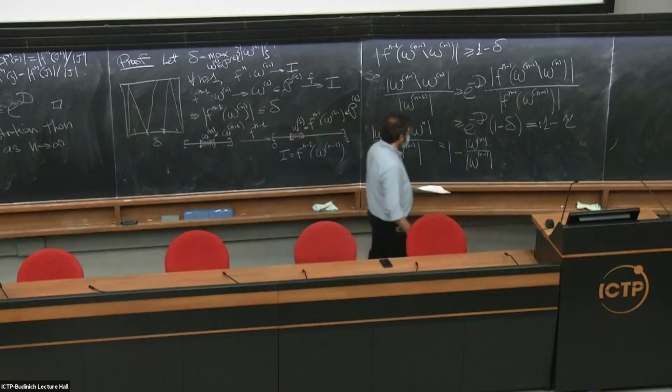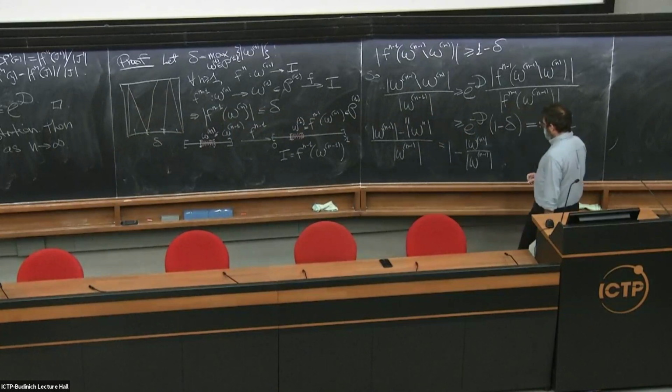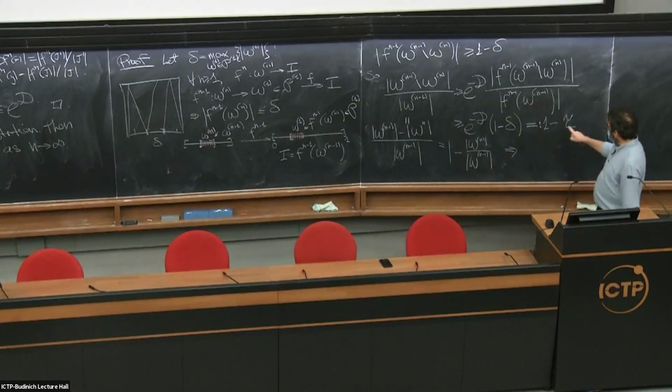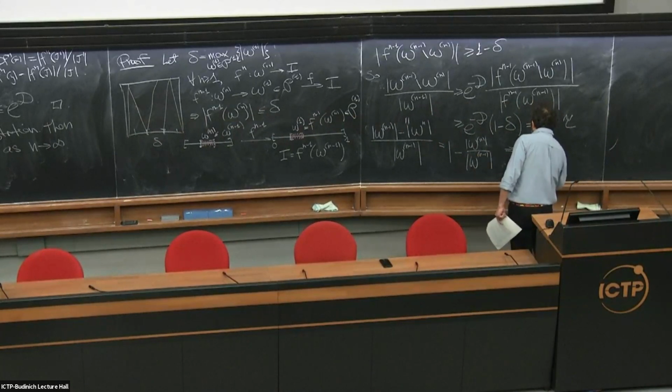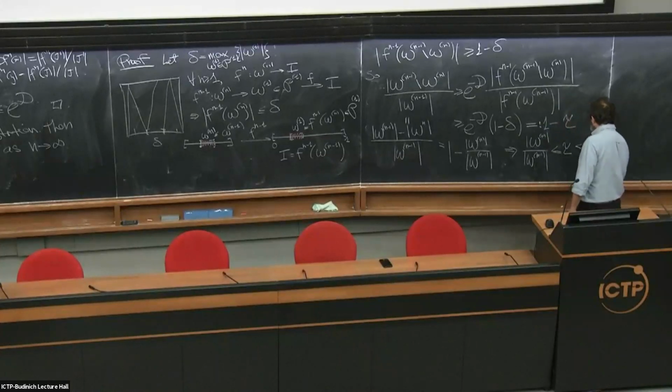And so this means that this is greater than or equal to 1 minus tau. Okay, so 1 minus this is greater than or equal to 1 minus tau. So this implies that omega n over omega n minus 1 is less than or equal to tau, which is strictly less than 1.